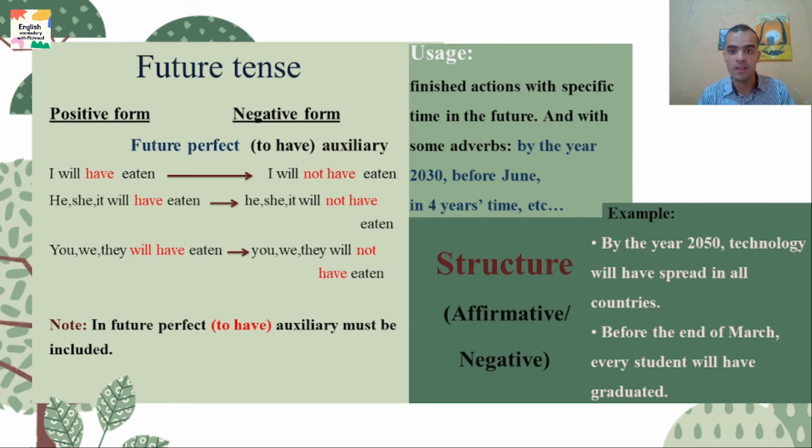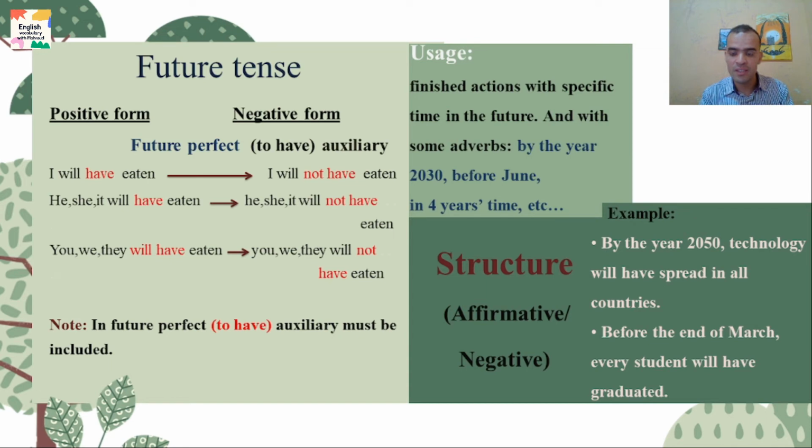It's not complicated, friends. You just have to practice it, and you also have to know how you can use it with many examples to know more about the future perfect. I hope it's clear through the first example. I will use a second to make it even clearer. Second, before the end of March, every student will have graduated. It's an action that will take place, of course, in the future.